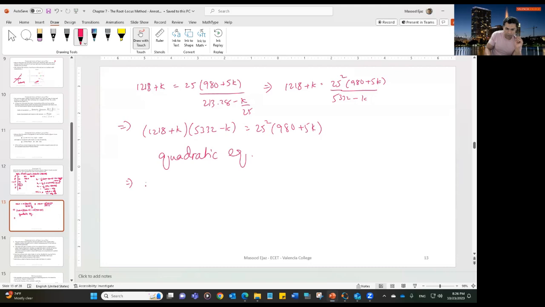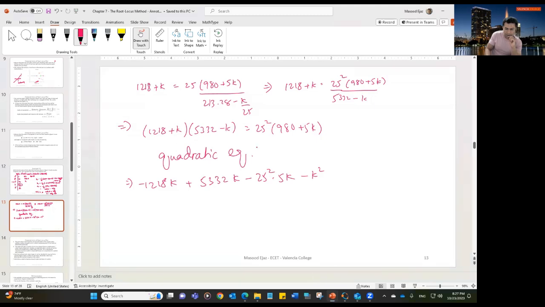I have 1218 negative K plus 5332 K. And then I have negative 25 squared times 5K. That's my K's. And then I have a negative K squared.